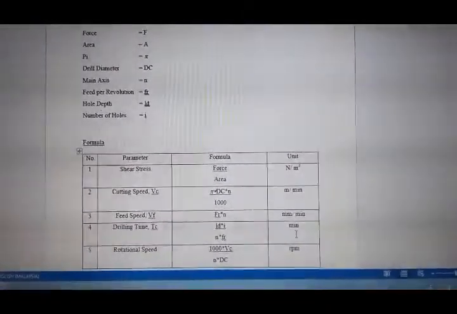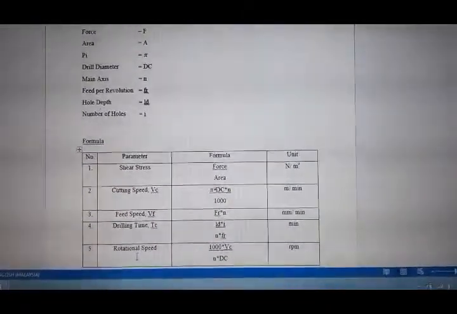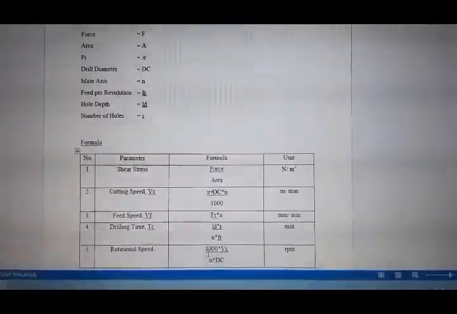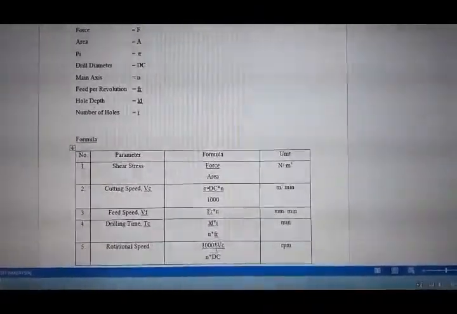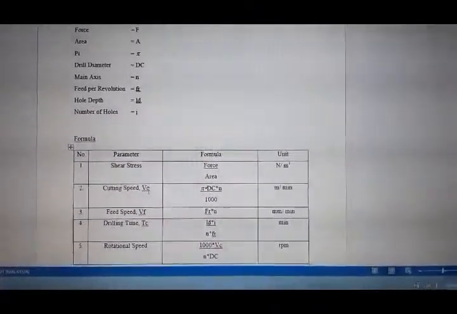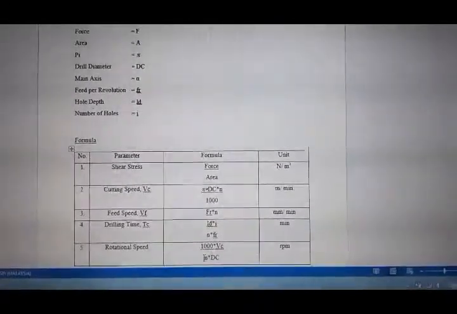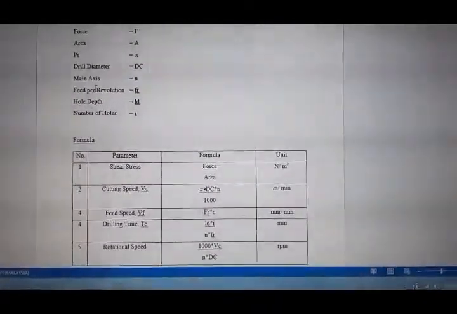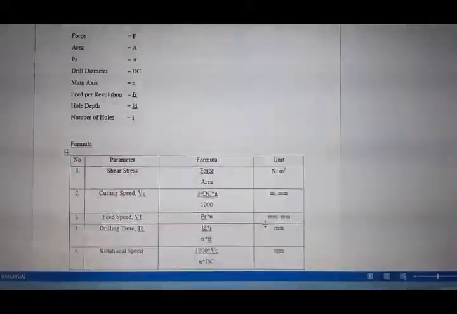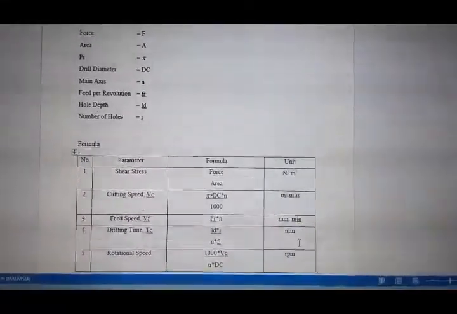The unit is minute. The last is rotational speed. The formula is 1000 times cutting speed over main axis times the diameter, and the unit is RPM.